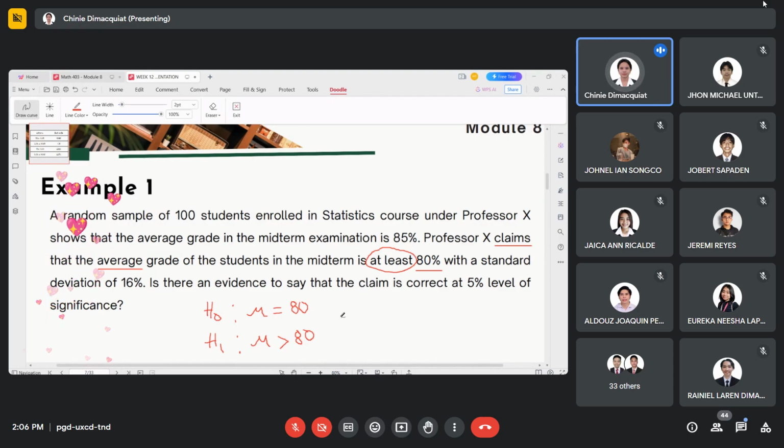Step 2, identify natin yung significance level, yung ating alpha, and yung direction ng ating test. Is there evidence to say that the claim is correct at 5% level of significance? Meron na tayong level of significance. So alpha is equal to 5% or 0.05.